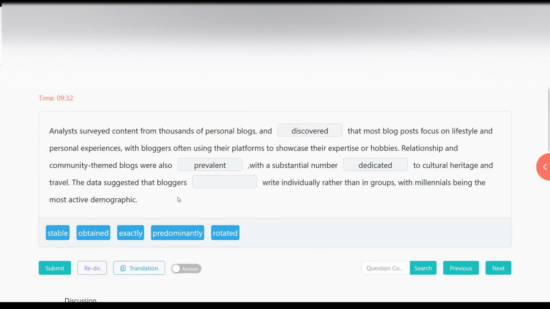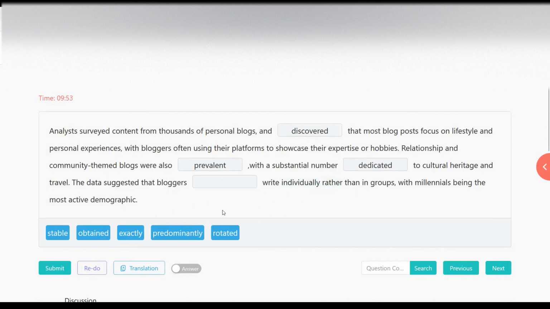If we put the options here, the data suggested that bloggers stable write individually is not making any sense. Obtained write individually, again it is not making any sense. Exactly write individually, then also it won't work.